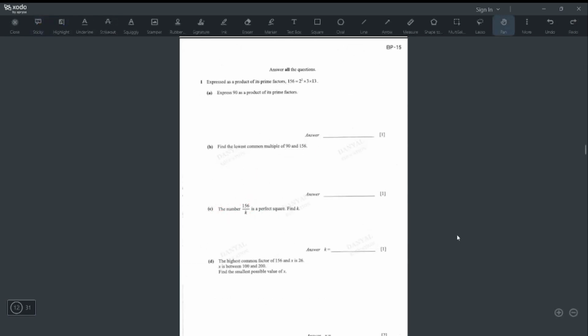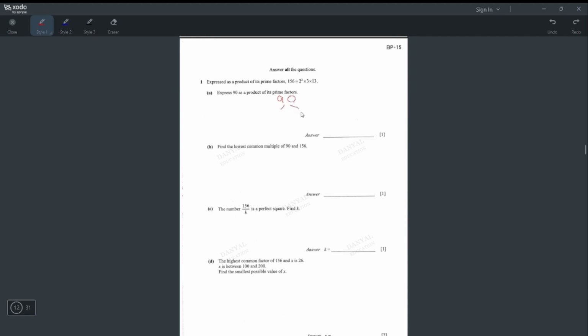And now we're actually going to move on to a completely different question. So this question has 4 parts, and it will be talking about prime factors and how we can use them to solve different things. So firstly, we want to express 90 as a product of its prime factors. And of course, there's multiple ways to do this.